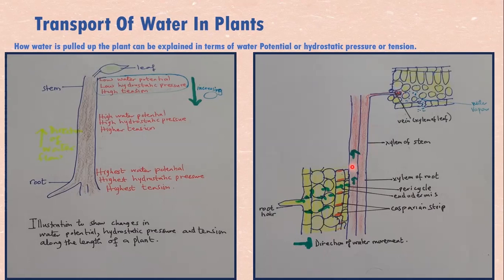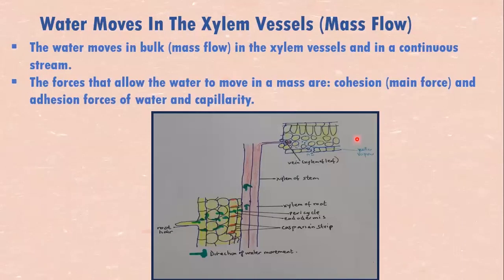Now, when water has moved in, the water is drawn up by mass flow in the xylem vessels. So we talked about mass flow as water moving in bulk in a continuous stream in the xylem vessels.